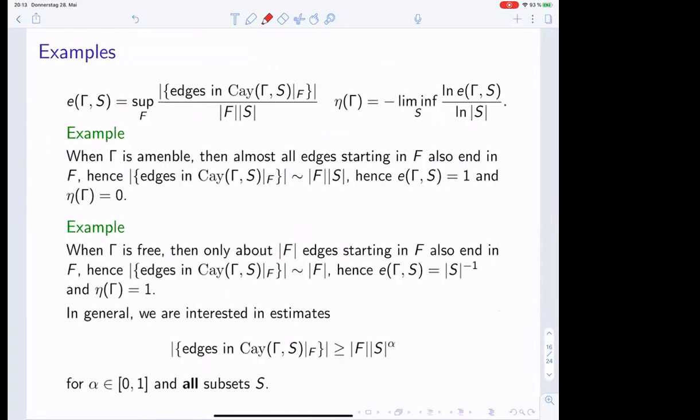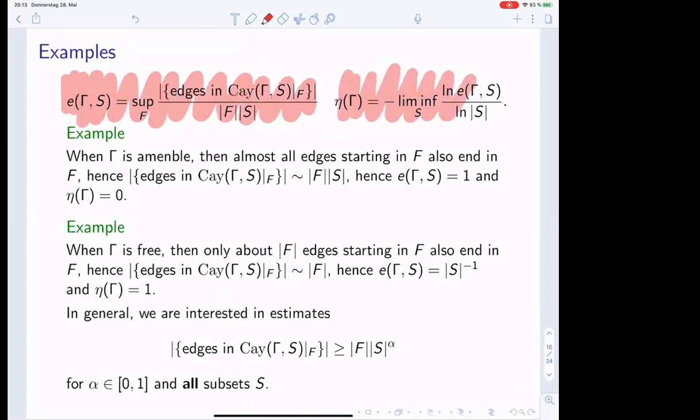And these are the examples. Here are again the definitions of this maximal average degree, and also of the invariant that we extract, which does not depend on S anymore. Let's look at the amenable case first.